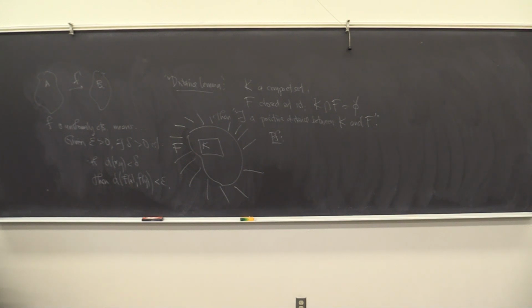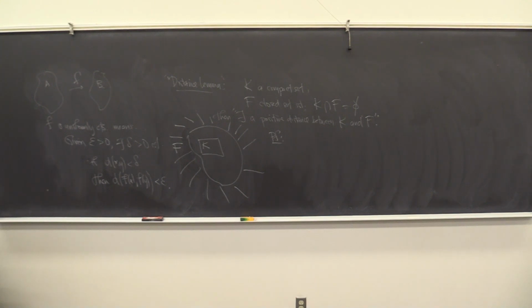Suppose the distance is zero, so that means you can pick any positive epsilon, and for that epsilon you pick some k in K and some f in F such that the distance is less than epsilon. I think the point is that there's going to be a limit point. Talk to a neighbor.